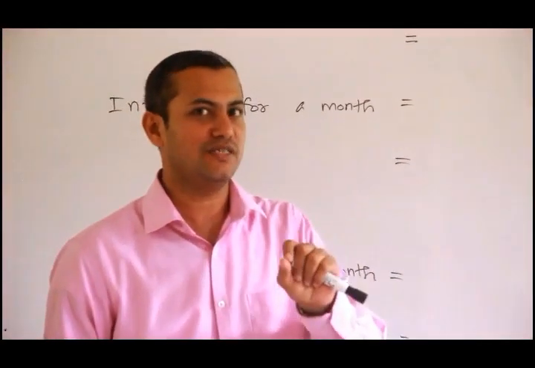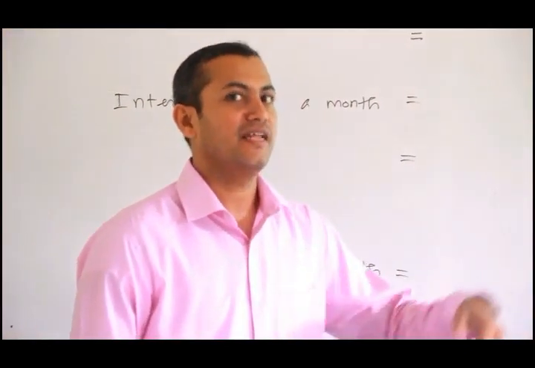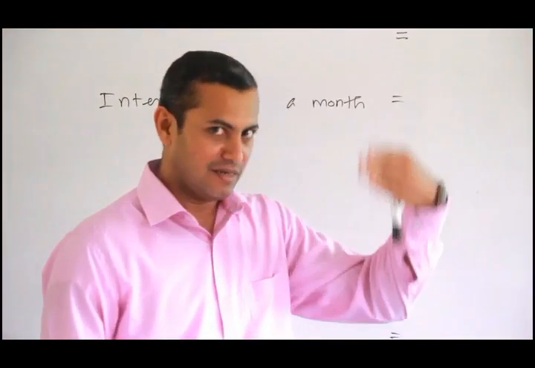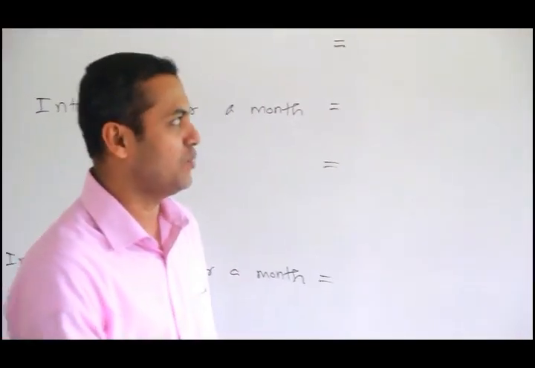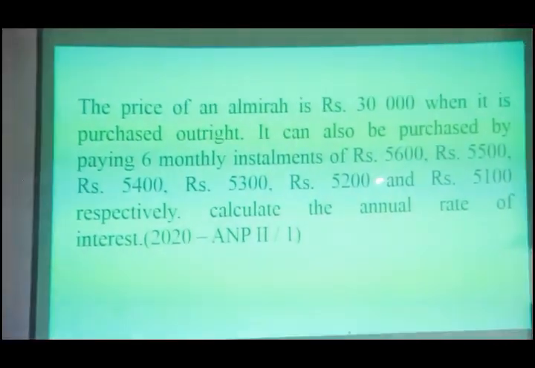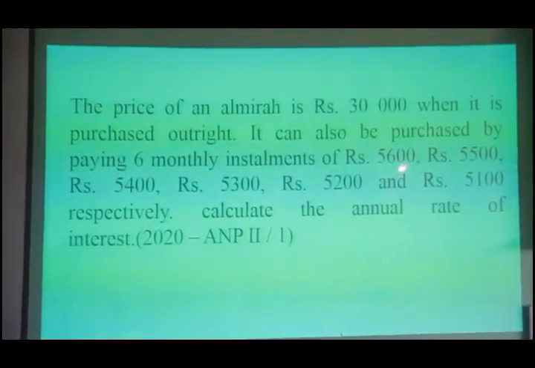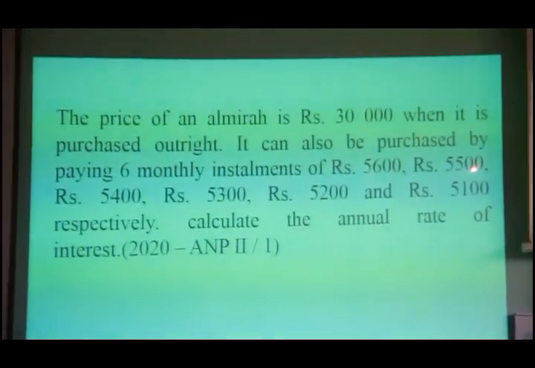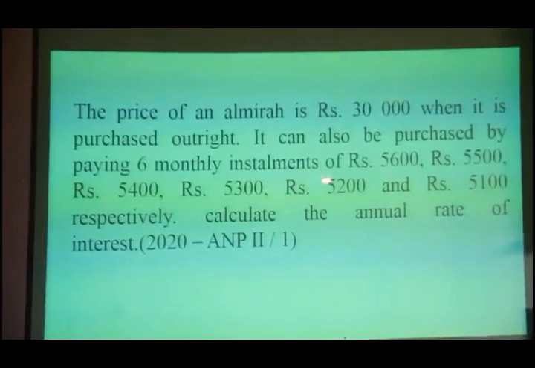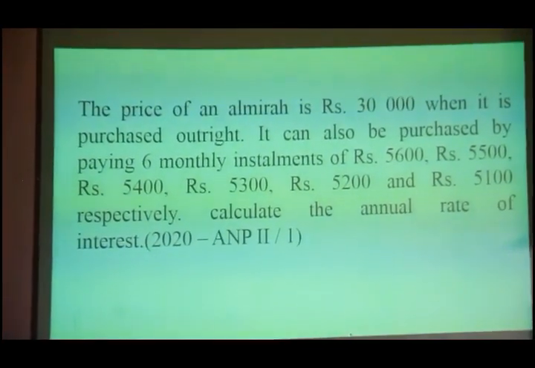Instead, they have given changing monthly installments, of course reducing monthly installments. In the first month we had to pay only 5,600, but in the second month only 5,500. Like that, in each and every month the installment reduces, right?